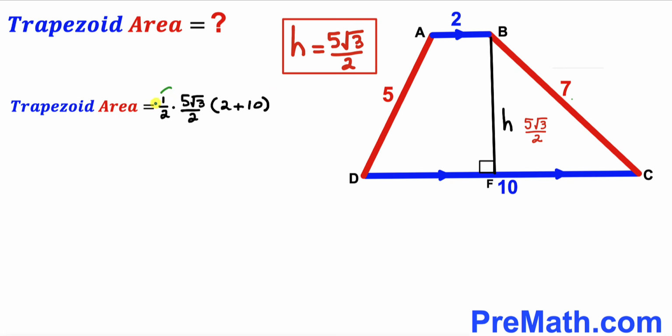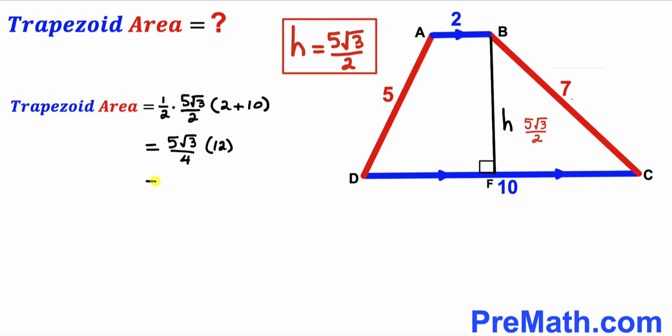If we simplify and multiply this part, that gives us 5 times square root of 3 divided by 4, and this gives us simply 12. So we can write 5 times square root of 3 divided by 4 times 12.